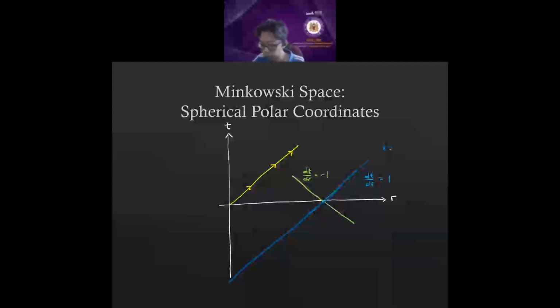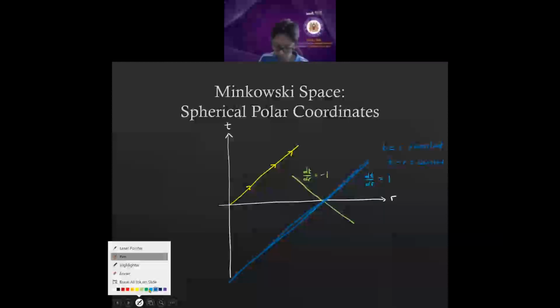It is described by t equals r plus some constant. So in other words, this line is described by t minus r equals a constant.